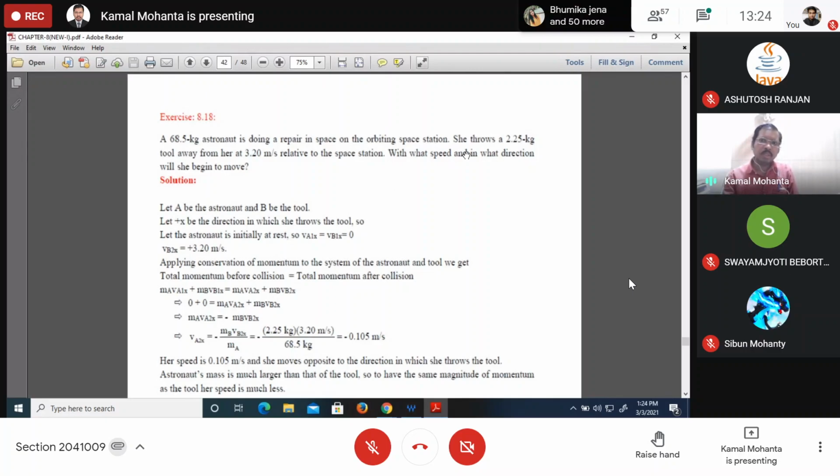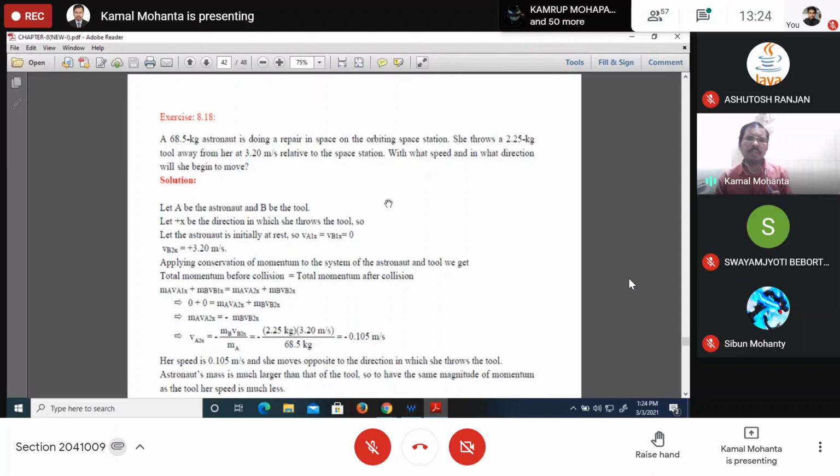Then she throws a 2.25 kg tool away from her at 3.20 meter per second. That means here V_B2x is equal to plus 3.20 meter per second. Now we have to apply the conservation of momentum to the system of the astronaut and the tool. The total momentum before the collision is equal to the total momentum after the collision.